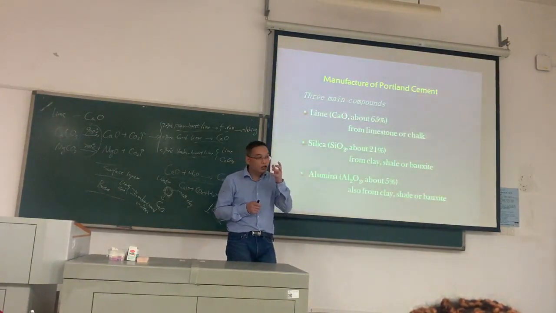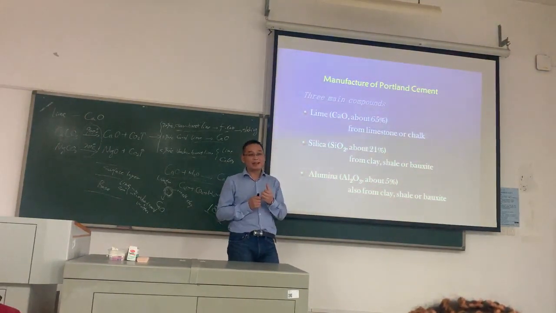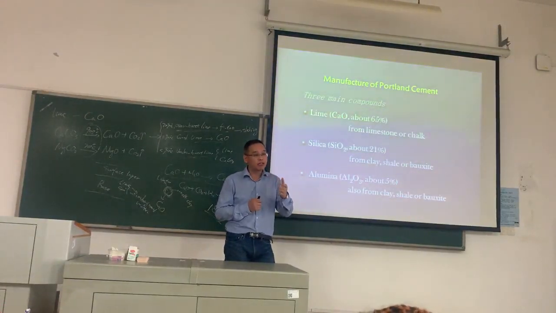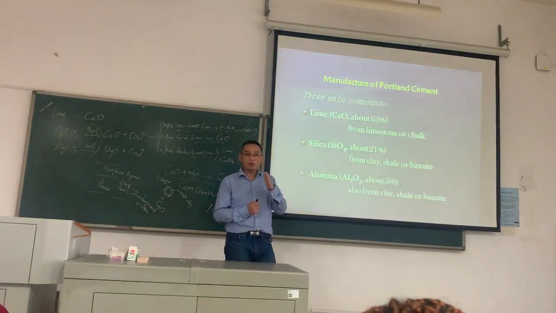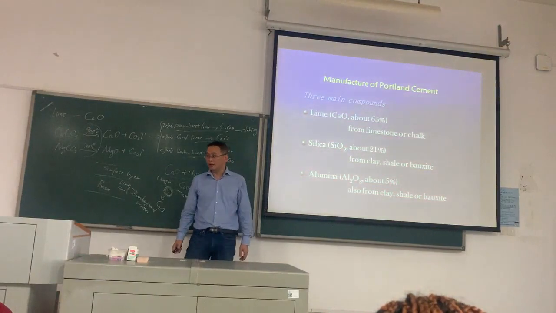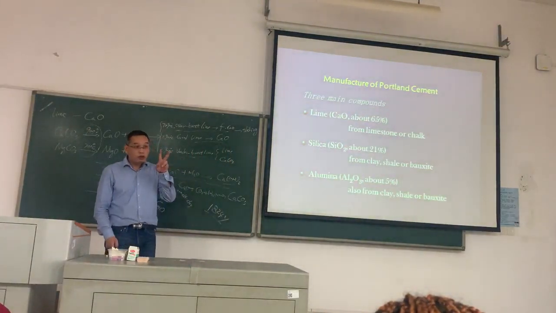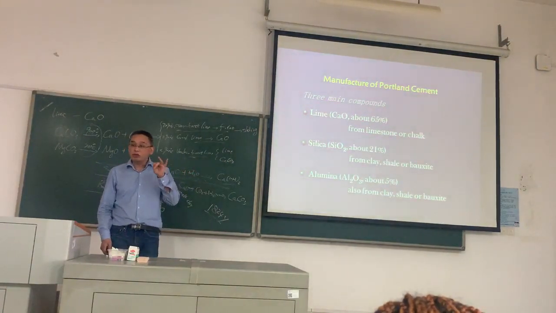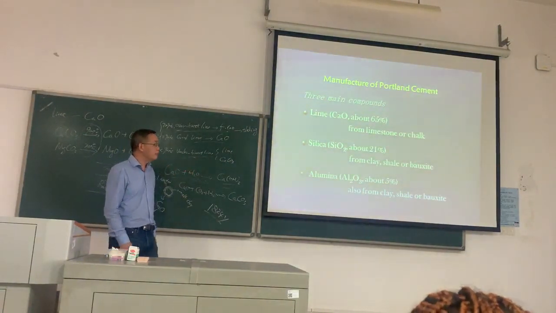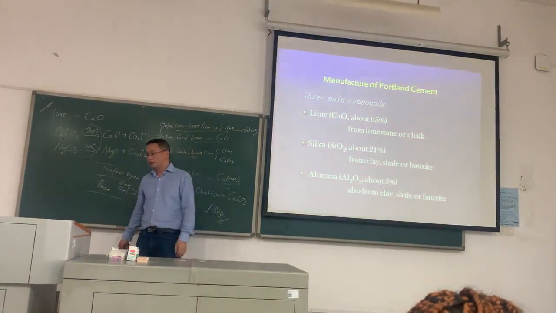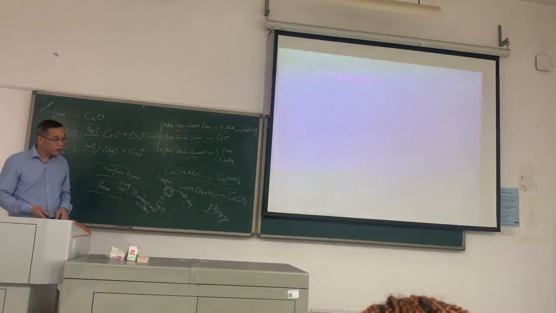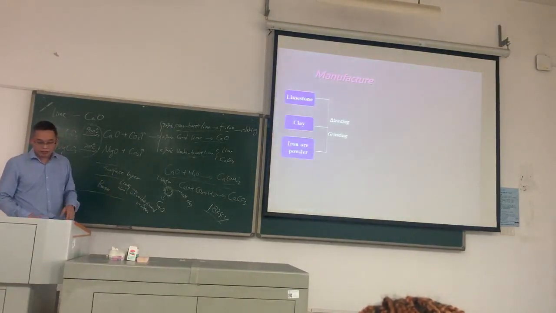So the limestone and the clay are the most important raw materials for the manufacture of the cement. Despite these two raw materials, there are also other raw materials, but these two, the limestone and the clay, are the main ones.